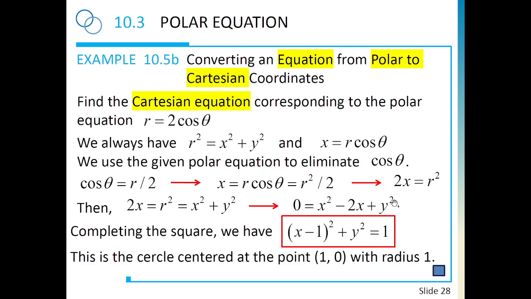Now obviously I still don't know exactly what the curve is. If I complete the square for x, I'll get something like this. And now I recognize that this is a circle of radius 1, center is (1, 0). X minus 1, so center is (1, 0), radius is 1.